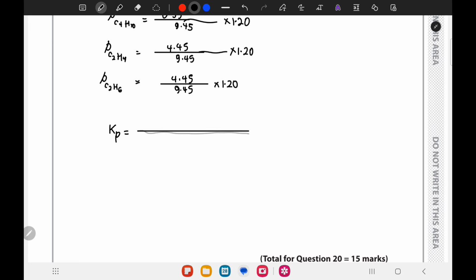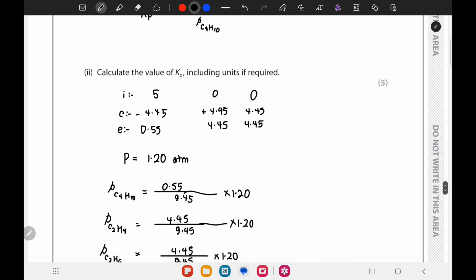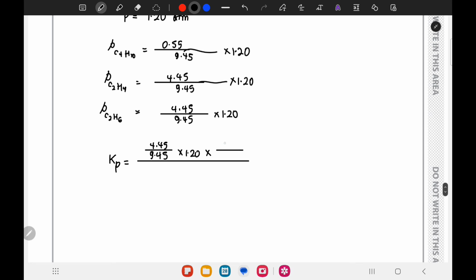It will be the partial pressure of C2H6 and C2H4 multiplied over here on the top, this multiplied with itself again, divided by 0.55 by 9.45 into 1.20.